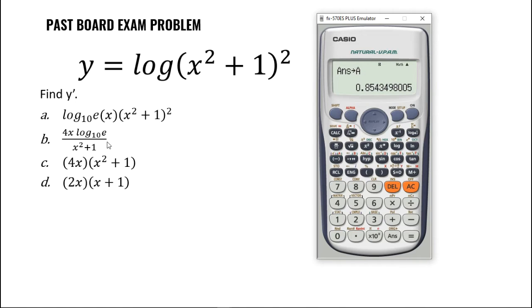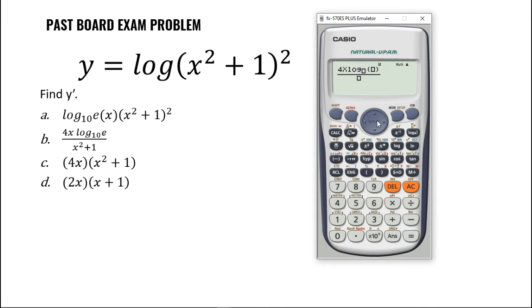Now i-try natin guys ang choices natin. So pag snapshot natin yung 1.2 here, kahit alin dito, basta masatisfy dapat 0.854 since derivative itong choices. Now here, let's say letter B tayo. So 4x, so 4 alpha x, so logarithm. But here, pag may base ito, logarithm, yan yung may summation baba ng on sign, and we have here 10.